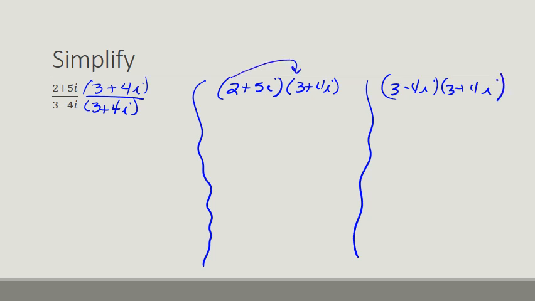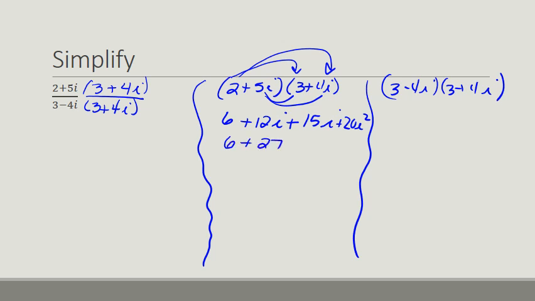So 2 times 3 is 6. 2 times 4i is 8i. 5i times 3 is 15i. And 5i times 4i is 20i squared. So we're going to get 6 plus 23i minus 20, because i squared is negative 1. So then it becomes negative 14 plus 23i. So the top is negative 14 plus 23i.